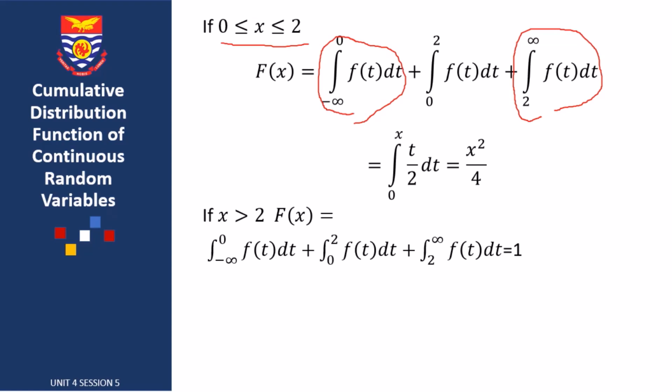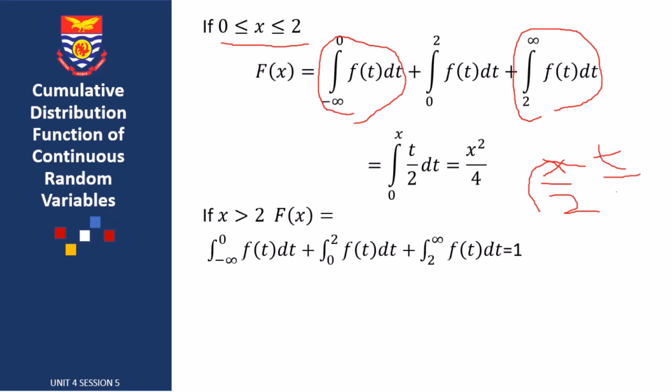Now the function, instead of x over 2 dx, becomes t over 2 dt.